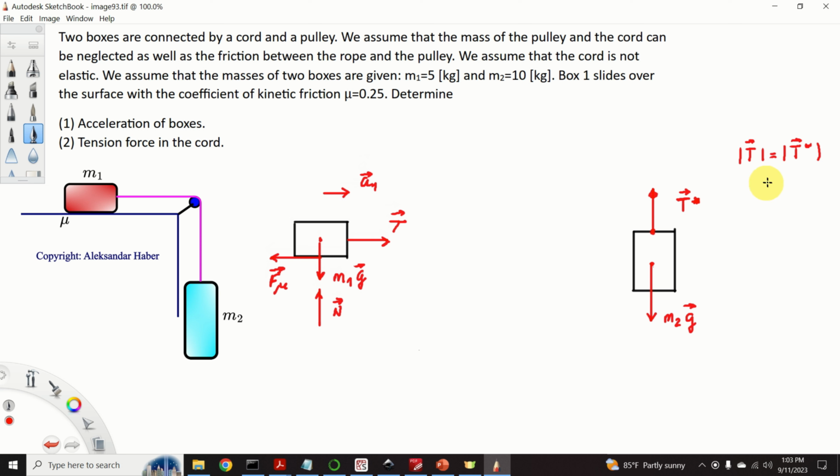And in addition, we need to add the acceleration vector. The acceleration of box number 2 is in this direction, and it's denoted by A2. We will later see that the intensity of A1 is actually equal to the intensity of A2.